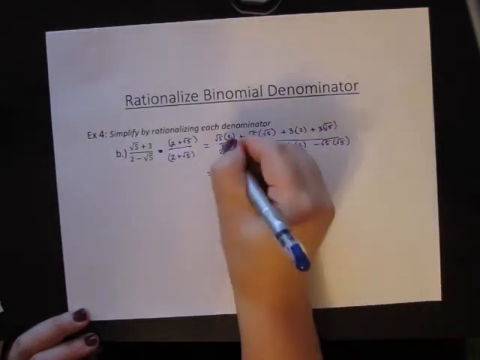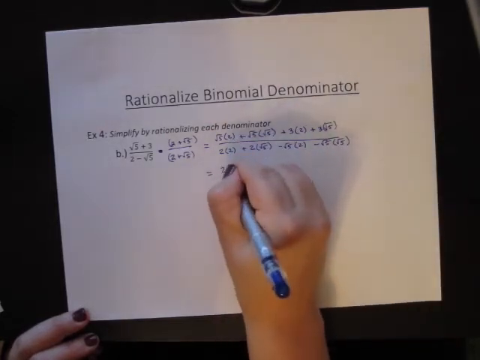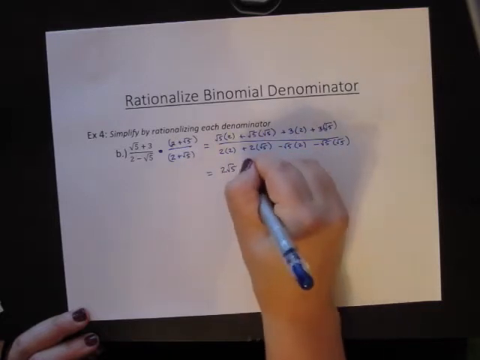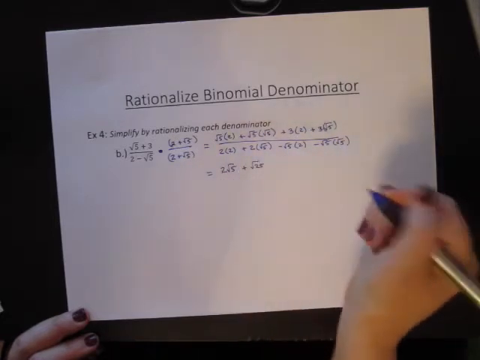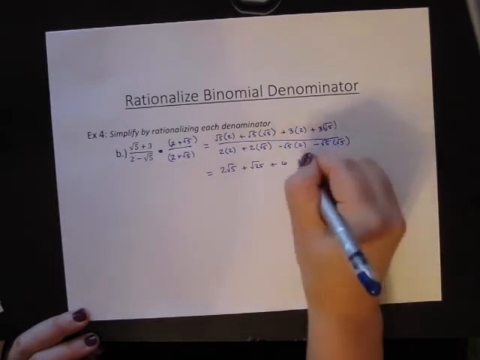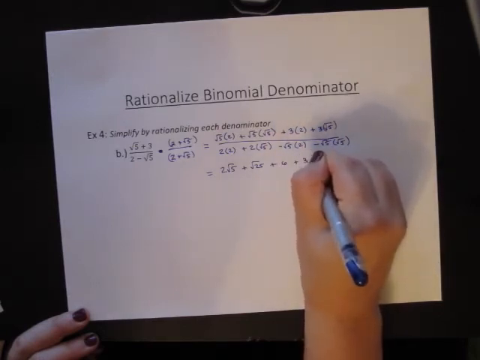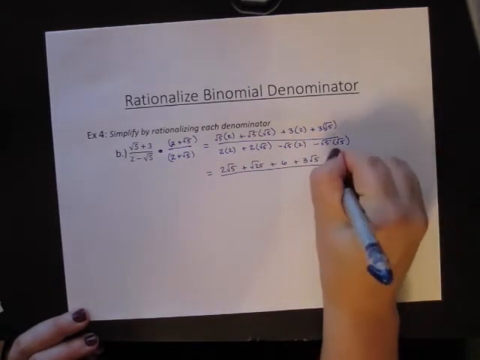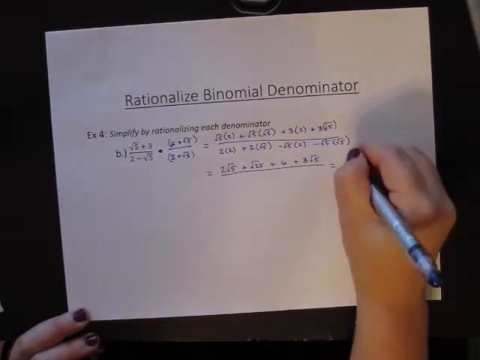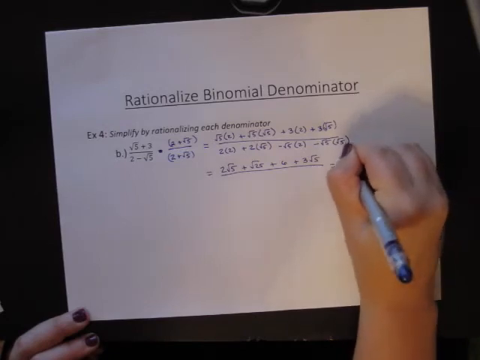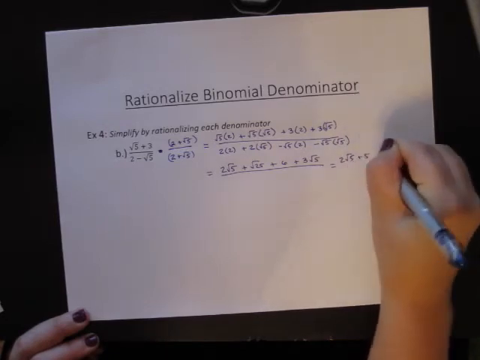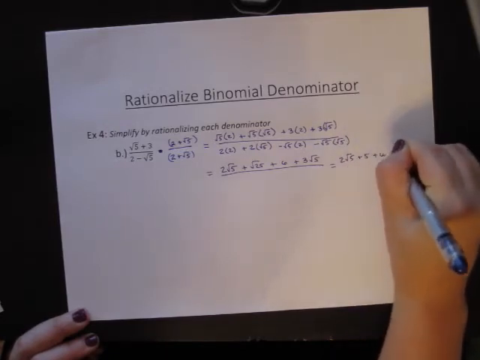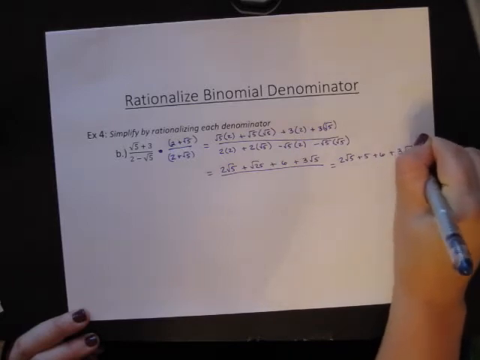Alright, so this would be 2 square root of 5 plus the square root of 25 plus 6 plus 3 square root of 5. Which I'm going to finish cleaning up too. So this would be 2 square root of 5 plus 5 plus 6 plus 3 square root of 5.